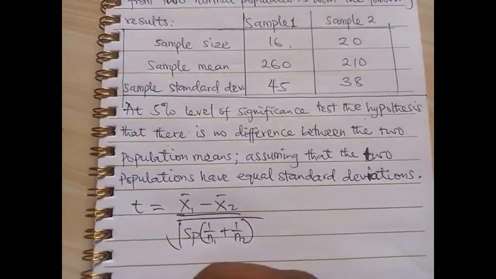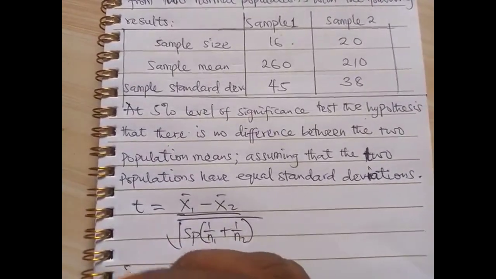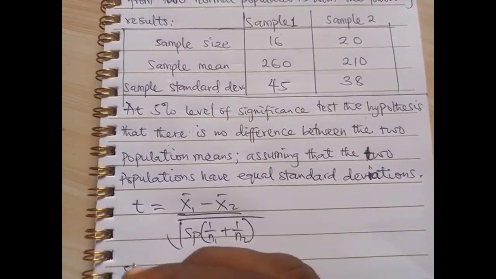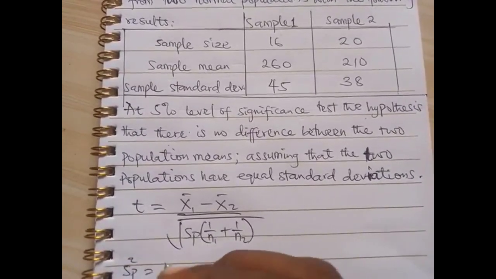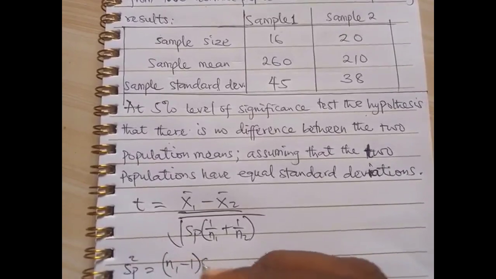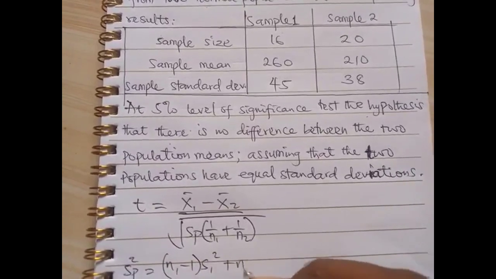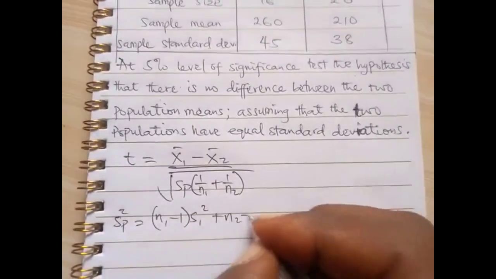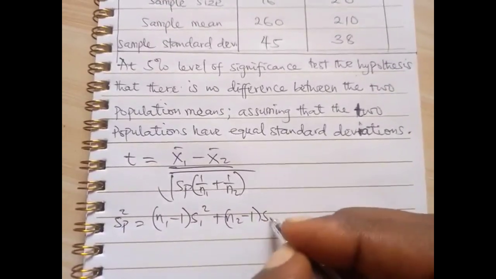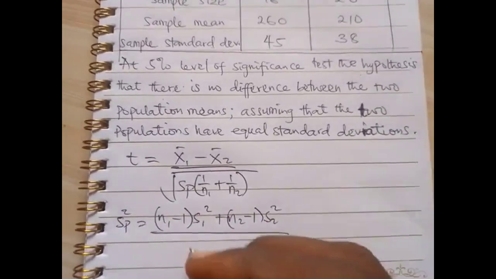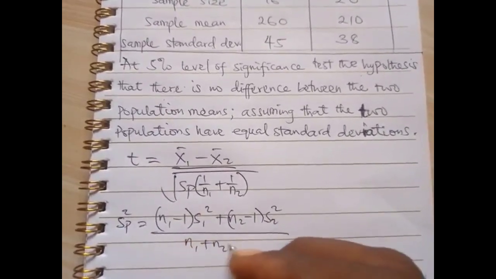And remember that we need to first of all find sp squared. That sp squared is equal to (n1 minus 1) s1 squared plus (n2 minus 1) s2 squared over n1 plus n2 minus 2.